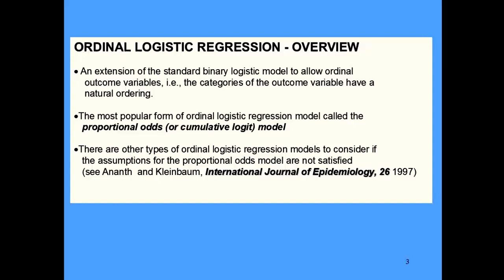Now, if you use polytomous, you're not getting as good a deal as you might get if you used the ordinal polytomous proportional odds model. But if you find that the assumption is not satisfied, you can't use the proportional odds model. So polytomous is an option. There are better options, but it's an option if the assumption is not satisfied.